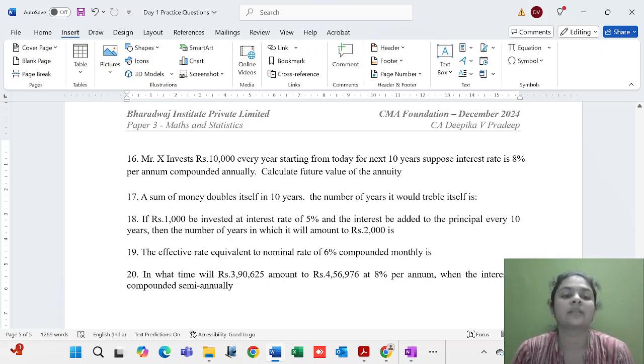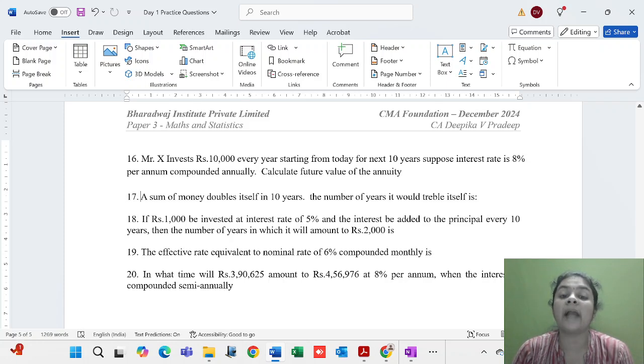18th, 1000 is invested at the rate of interest of 5%. The interest is added to the principal every 10 years. The number of years in which the amount will be 2000 is. So they are asking, 1000 is invested at 5%. Interest is added to the principal.